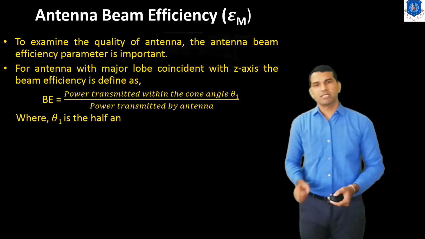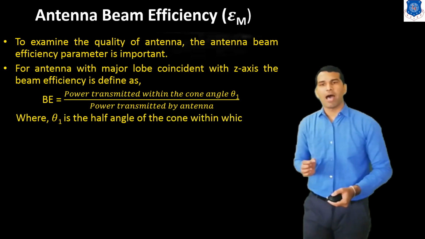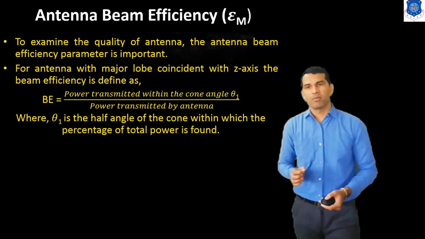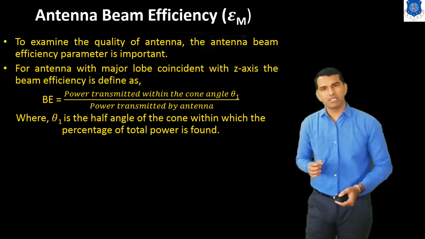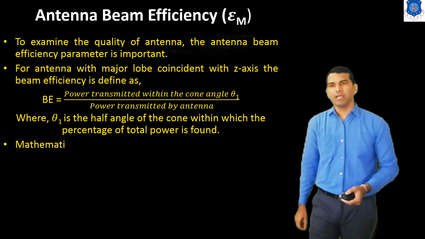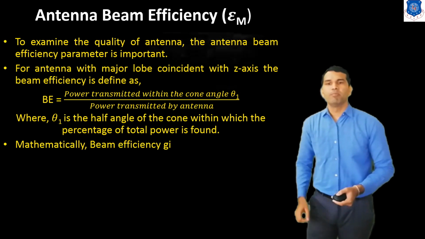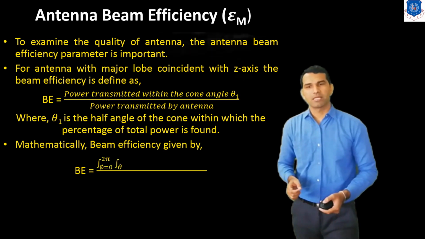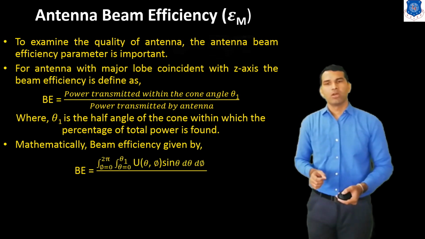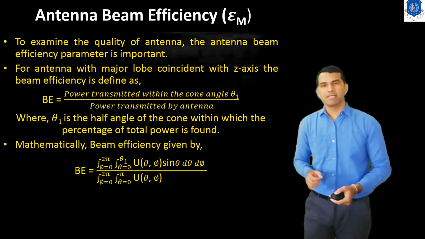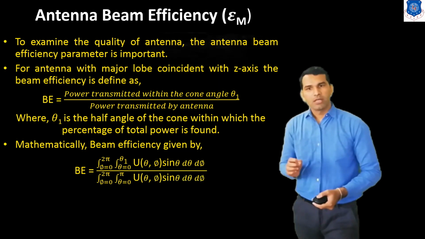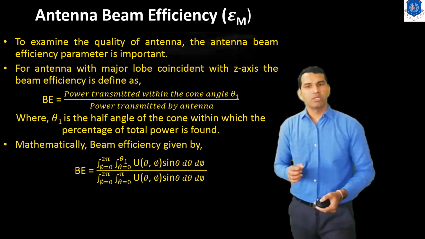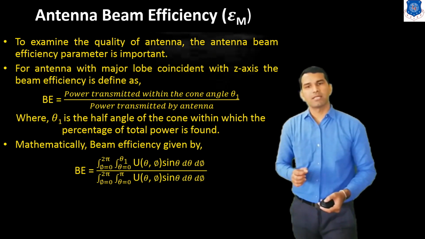Here theta 1 is the half angle of the cone within which the percentage of total power is found. Mathematically, the beam efficiency is given by BE equals the integration of phi from 0 to 2 pi, theta from 0 to theta 1, U theta phi sin theta d theta d phi.